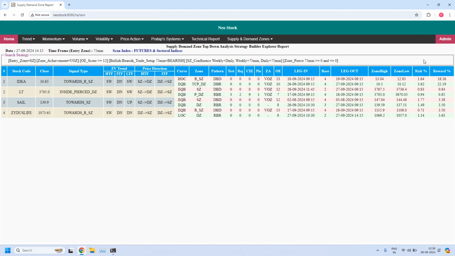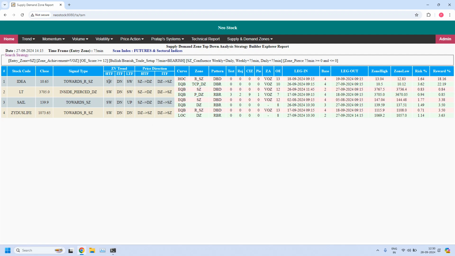Let's verify. Oh, all 4 stocks are having LTF, ITF, HTF supply zone confluence. Look into the supply zone confluence search strategy. Always you can verify. We have weekly daily confluence, weekly 75 and daily 75 minutes confluence. All the 3 confluences: LTF, ITF, HTF confluence.